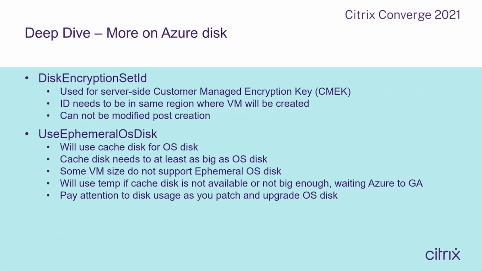And lastly, please pay attention to the disk usage as you patch and upgrade the OS disk, because your OS disk is going to grow, and if it grows bigger than your cache disk or temp disk, then your VM image update will fail, and that could be pretty bad. But we do check as part of the image upgrade. If we find it's bigger, we'll fail you. But then the challenge is that you already set it to an ephemeral OS disk, right?